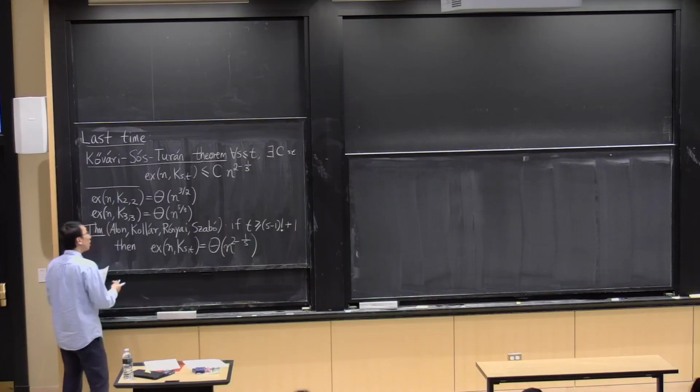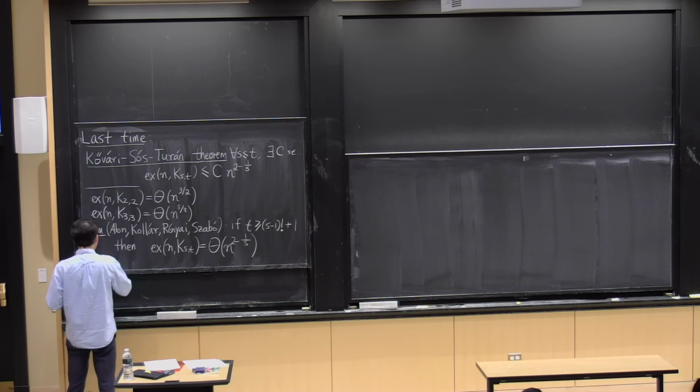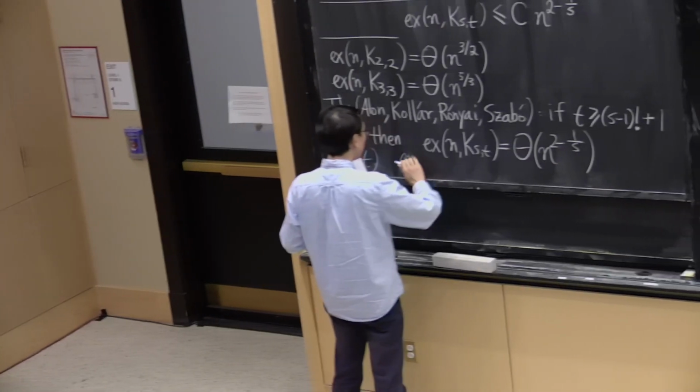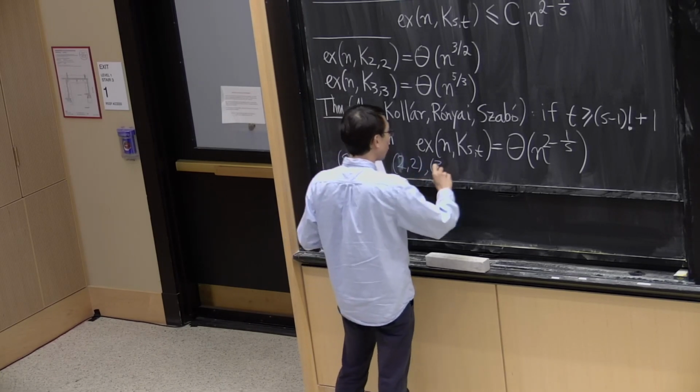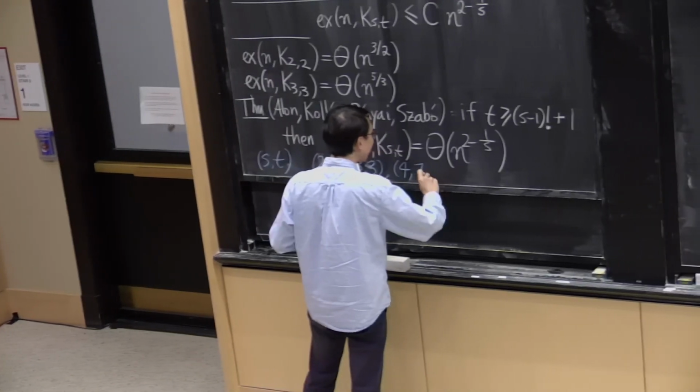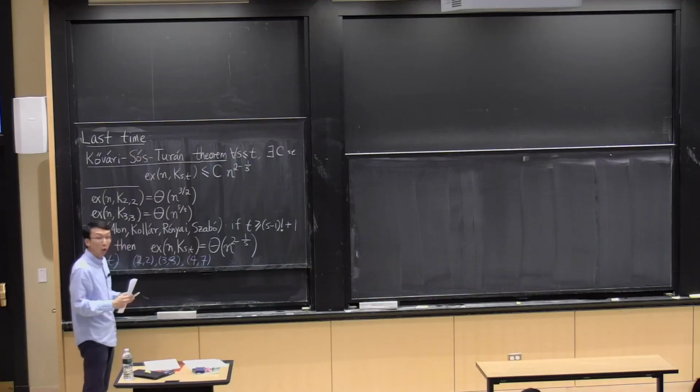And in particular, this range of parameters allows you to do 2,2 and 3,3, which we already know how to do. But the next case is 4,7. And it is still open how to do 4,6.